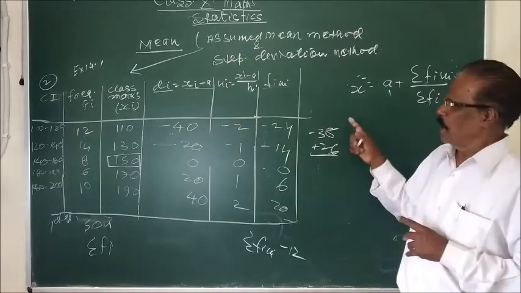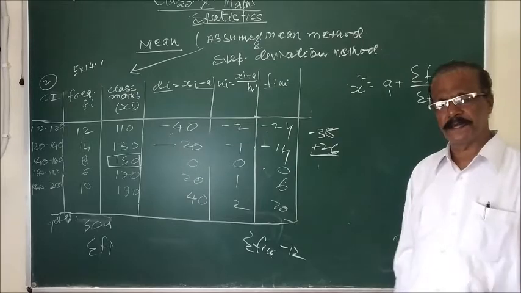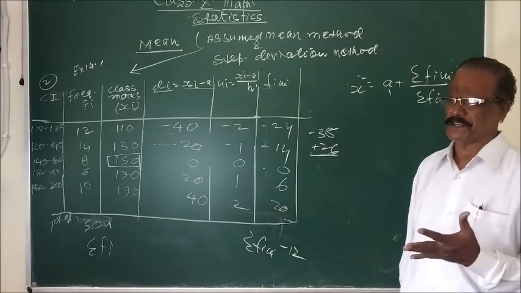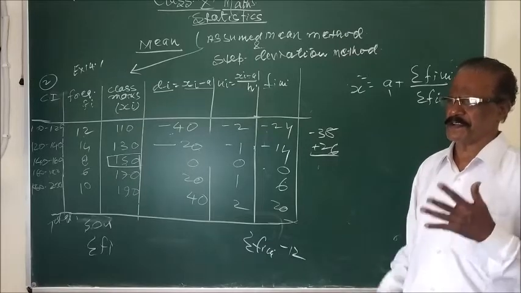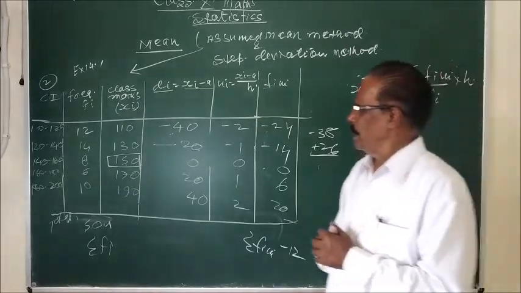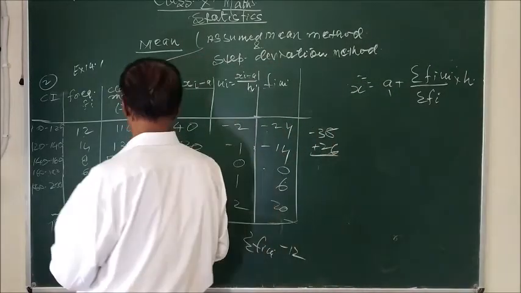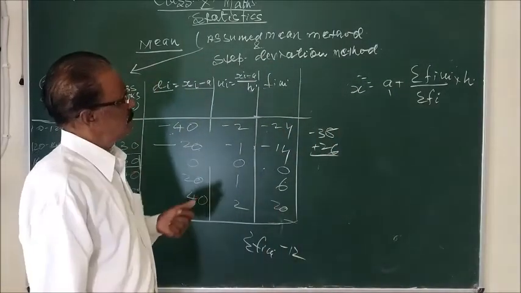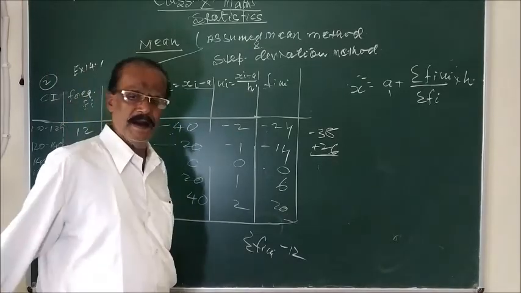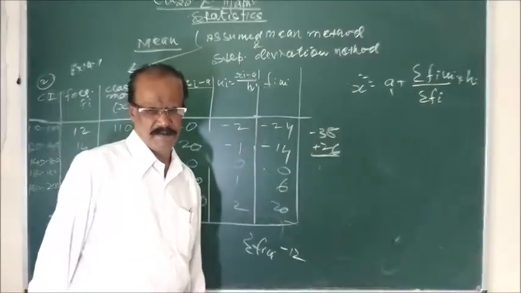So I am sure if you have understood these three methods, all the questions involve very, very simple calculation. If your calculation is strong, no problem will be there. And this is the process. If you have any doubt, you will try to contact me. I will surely solve the question.